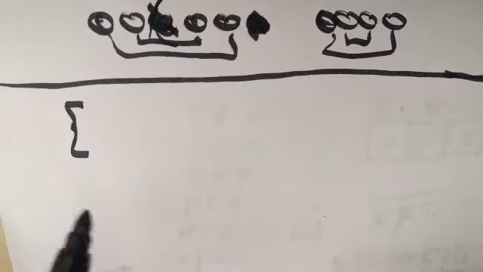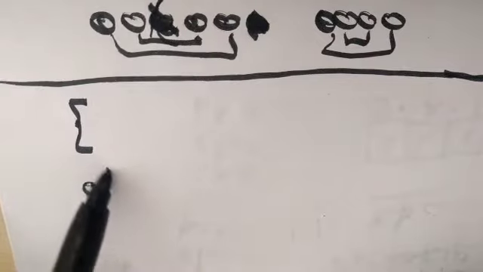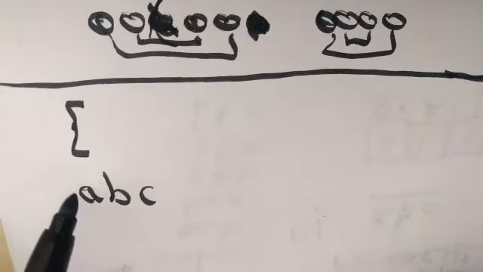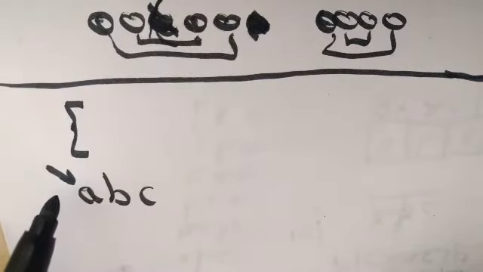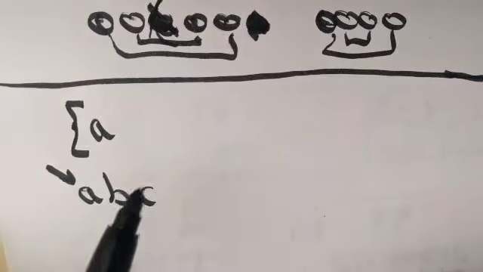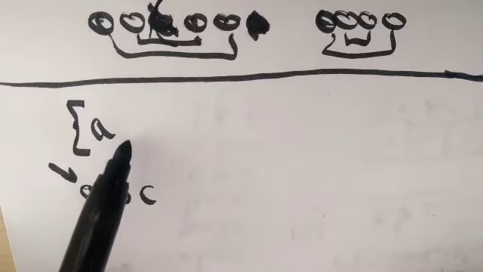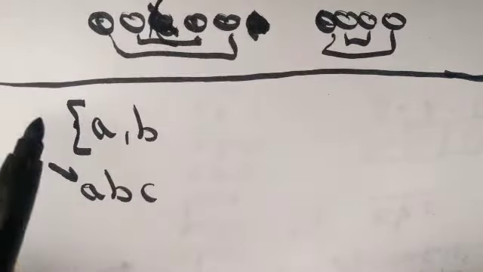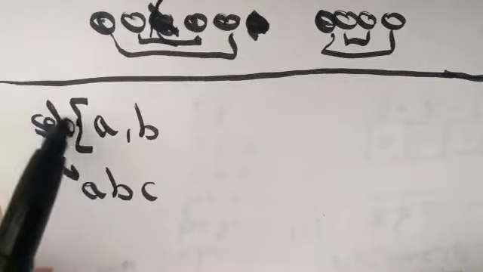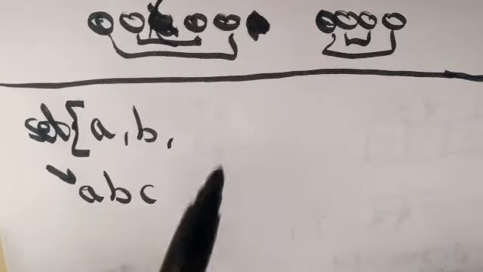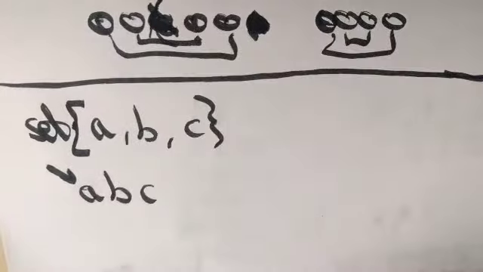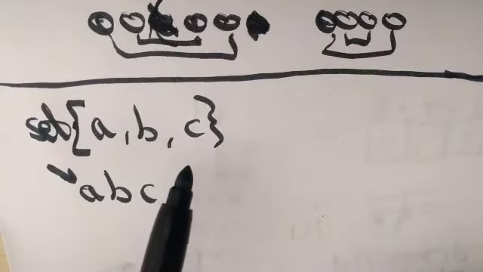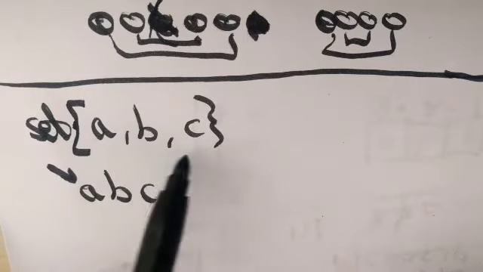Let's say we scan the ABC. So we get to first A, so we put it in. We get to a B, we put it in. It's a set, okay? We get to C and we put it in, okay? And then we ask ourselves, do we have more than one character here?